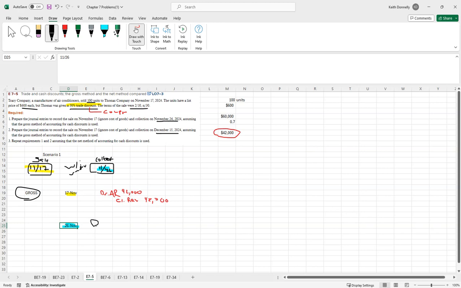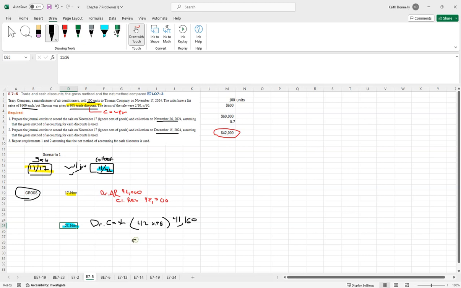So we're going to do debit cash. How we figure this out is, it's 42,000 they owe us, but they get a 2% discount. If they get 2% off, that really means they only pay us 98% of what they owe. So that's going to be 41,160. Okay, so that's the cash we got.